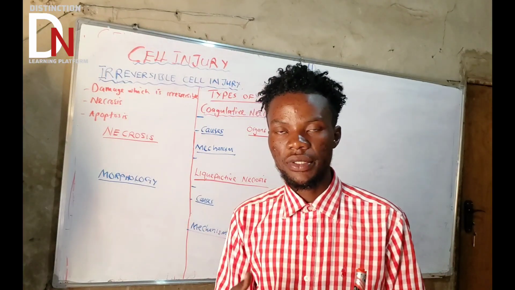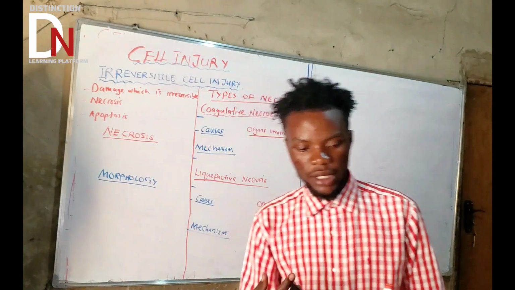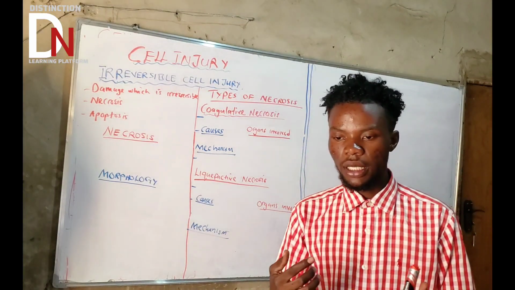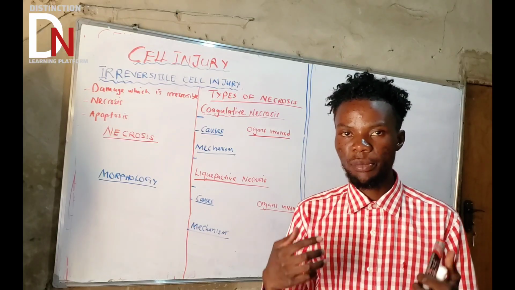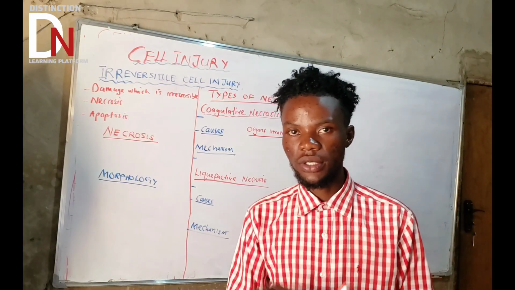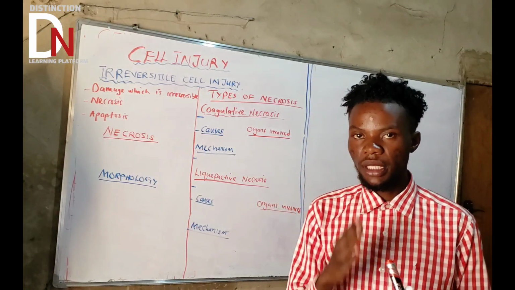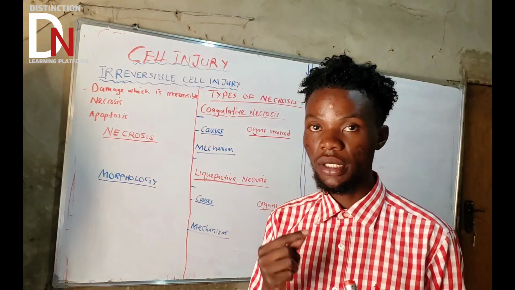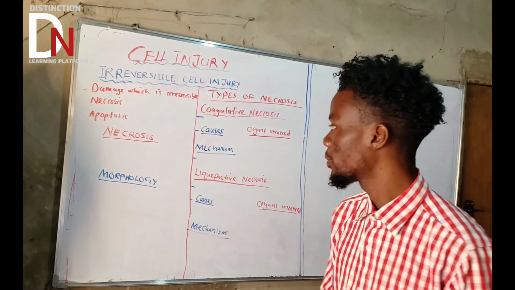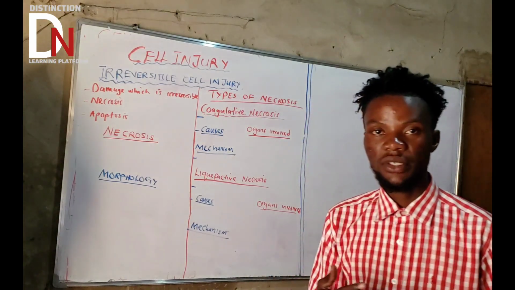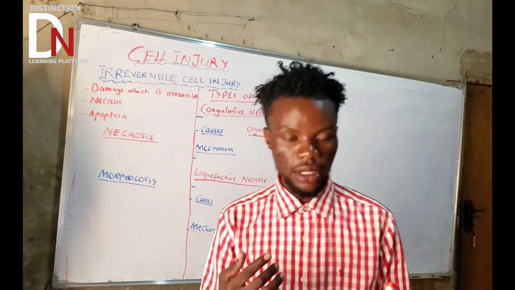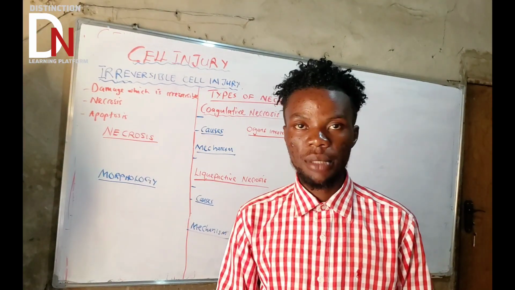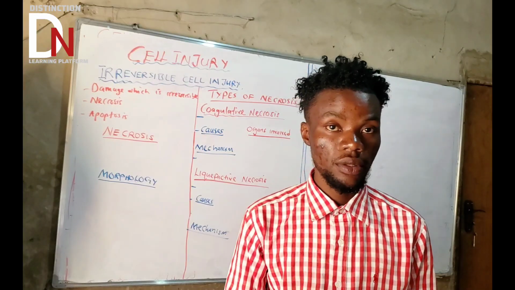What is necrosis? Necrosis is a type of irreversible cell injury, or a type of cell death, which is unregulated. And remember that necrosis is always a pathological process. It causes an inflammatory response, or inflammation. Apoptosis, on the other hand, is always regulated. No wonder apoptosis can sometimes be physiological and sometimes pathological.